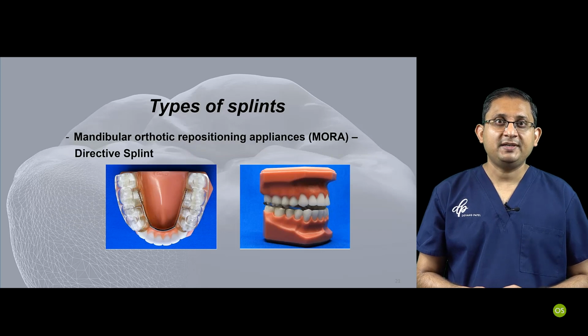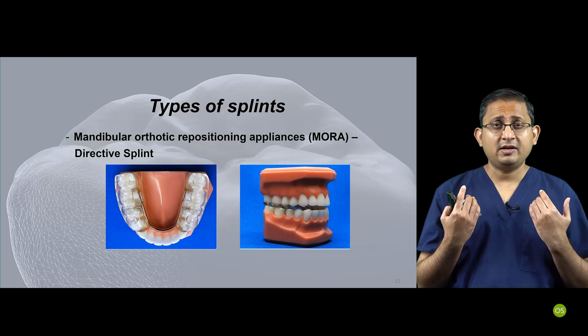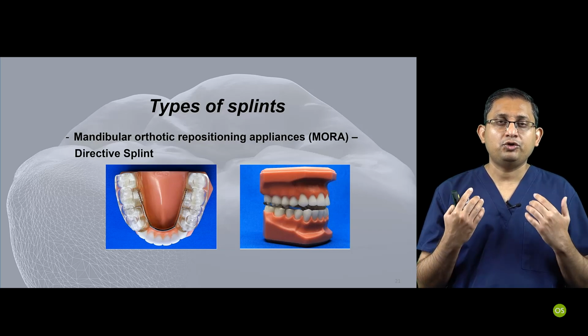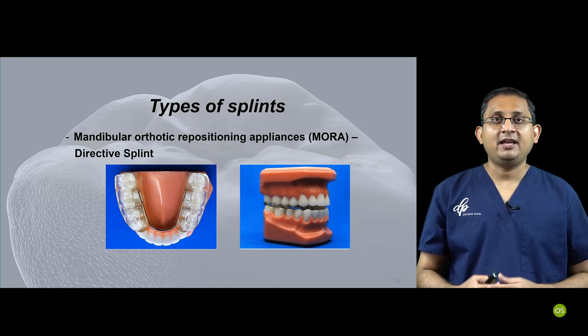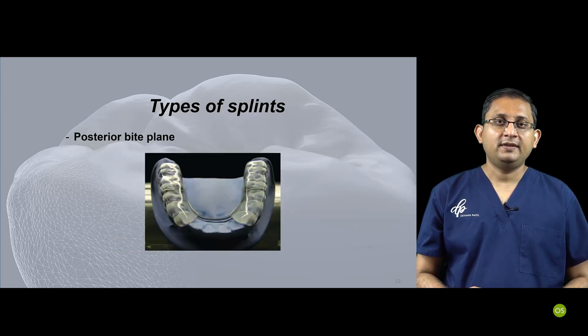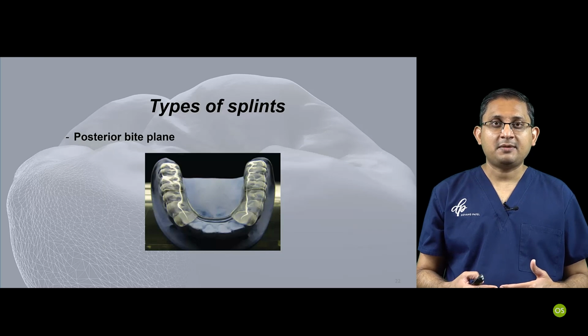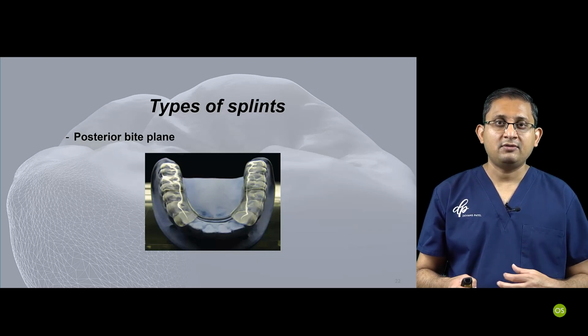The other directive splint is the mandibular orthotic repositioning appliance, which uses a posterior bite plane to move the jaw forward. Again, this is to move the condyle away from the jaw joint to give more time for recovery. You can make this type of splint with a flat plane, so it allows the mandible to move around.